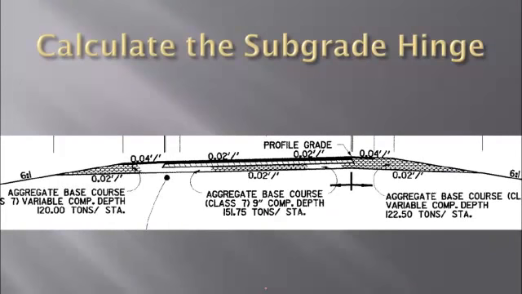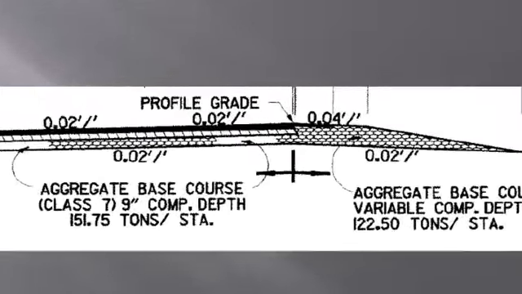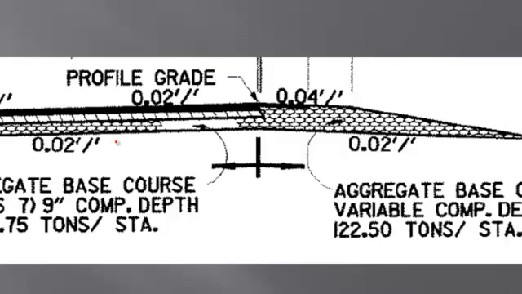If we're going to calculate the subgrade hinge, we can possibly do it in a tangent section because we do have some consistency. So here's how the process goes. We come out to the profile grade point and we drop that the distance of all the layers down to subgrade.